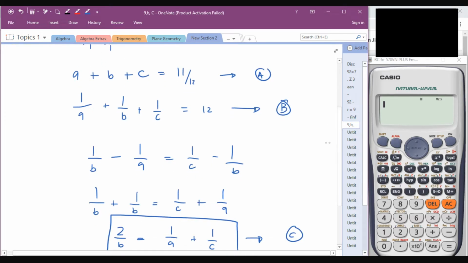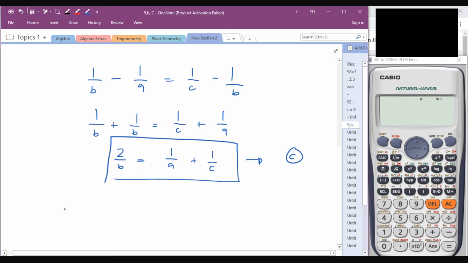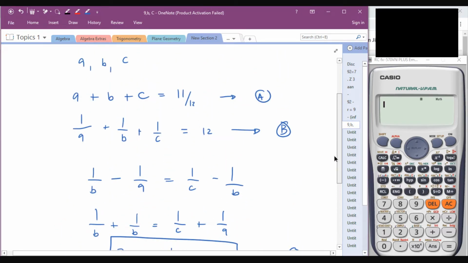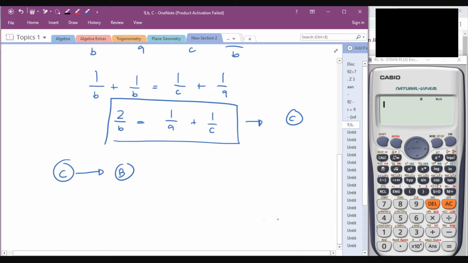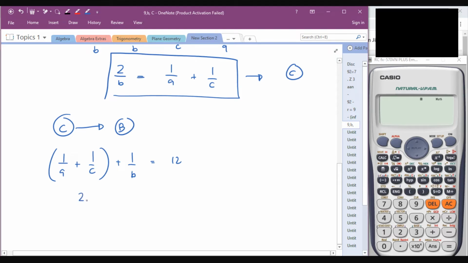Pwede nating ilagay dito sa equation B. We put C to B. Ano ba equation B? Di ba ito yan? O, pagsamahin natin si 1 over A plus 1 over C plus 1 over B is equal to 12. Itong dalawan to, nakuha na natin yung kanilang karampatang value. That is 2 over B plus 1 over B equal to 12.